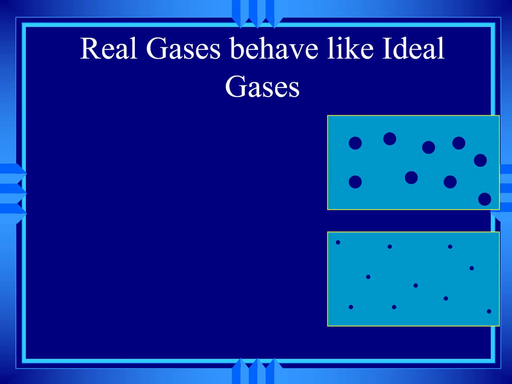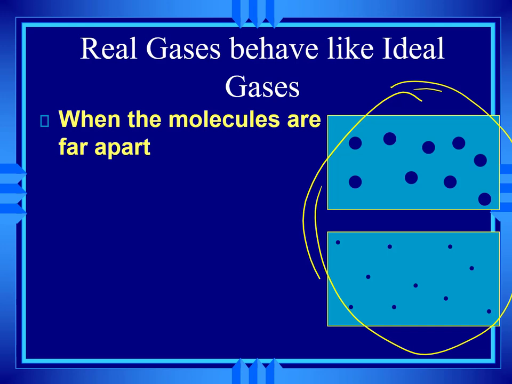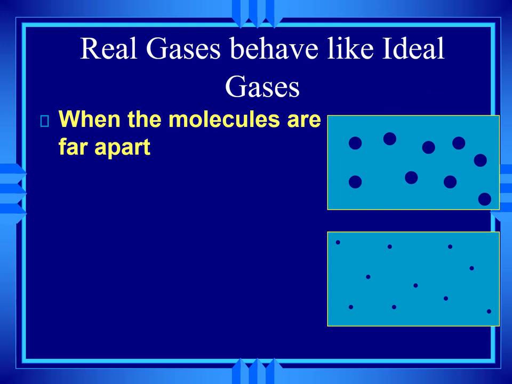So when do real gases behave like ideal gases? When does this work? Because if we know when it works, we know when it doesn't work. Real gases behave like ideal gases when the molecules are far apart. Now these two boxes over here have the same number of molecules in both, but in this box they take up a much smaller percentage of the space because they're spread out further.